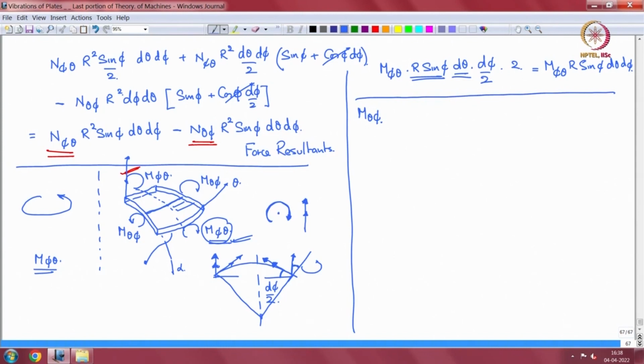Okay, so if I now draw the view looking like this, let me keep it a bit shorter.